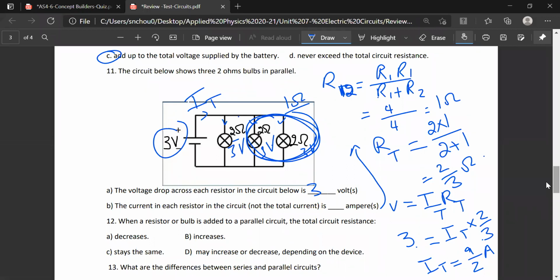That number of amps splits equally between 3 resistors because all 3 are equal resistors, right? So what's the current? It's a third. The current in each resistor is 1/3 of that, because there are 3, which is 3/2 amps.